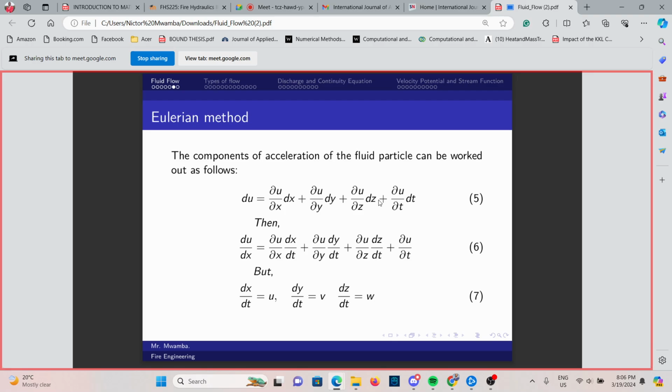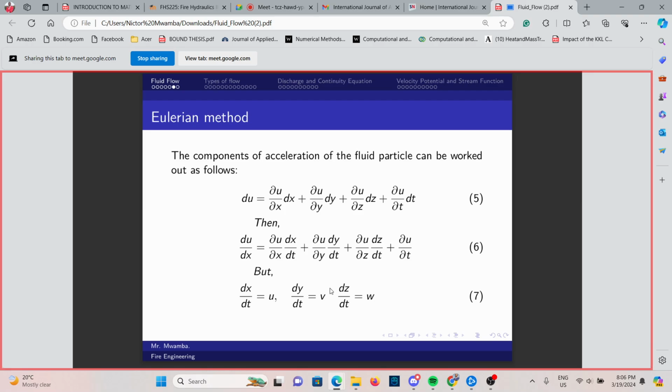You continue like that until you reach the change in the velocity component with respect to time times the change in time. Then you divide the entire equation by dt, the change in time from one point in time to another.